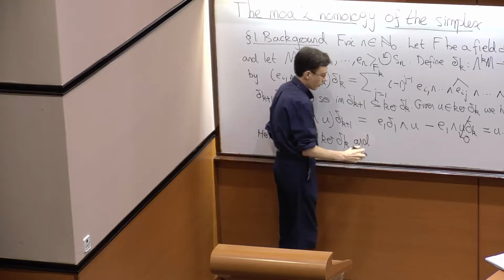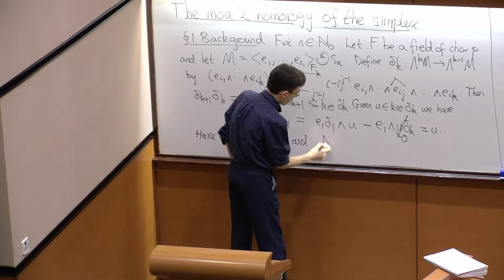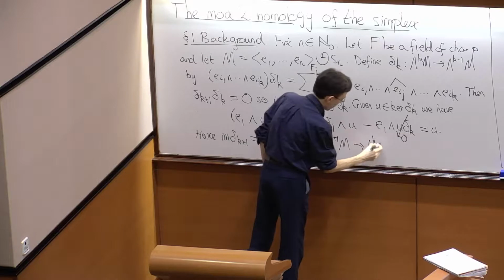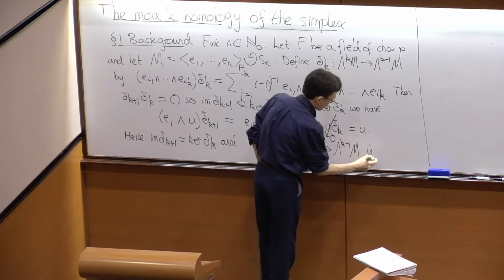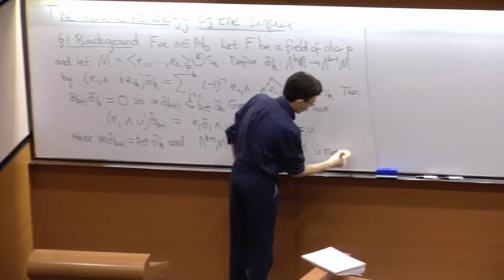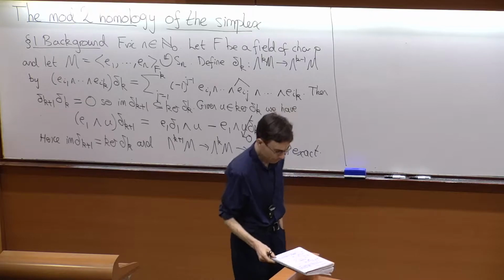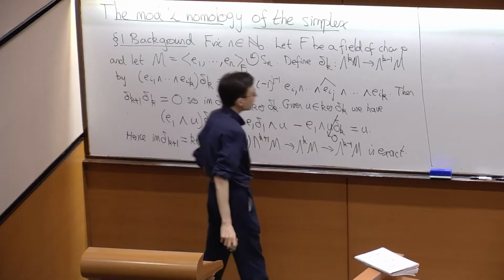And the short sequence wedge k plus 1 M to wedge k M to wedge k minus 1 M is always exact. So let me make that point 1.